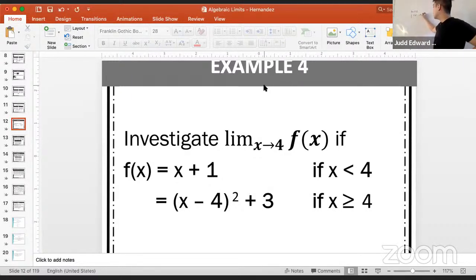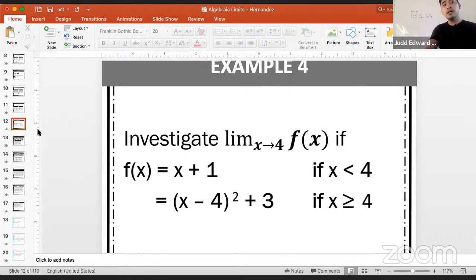So f of x is equal to x plus 1 if x is less than 4. We are given the value of f of x is equal to the quantity x minus 4 squared plus 3 if x is greater than or equal to 4.